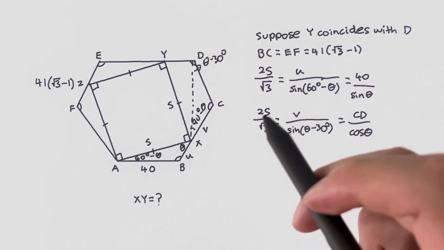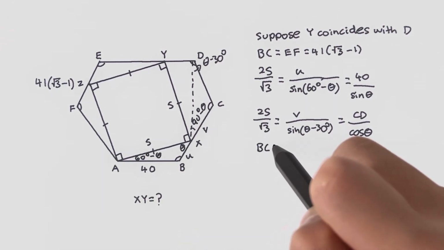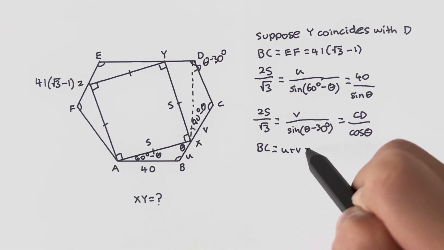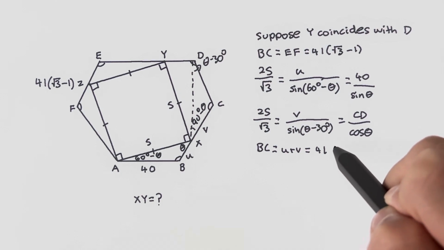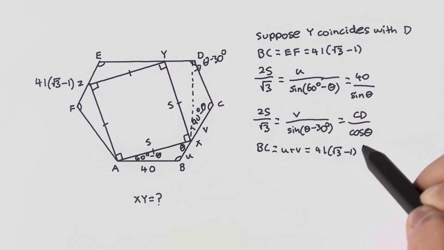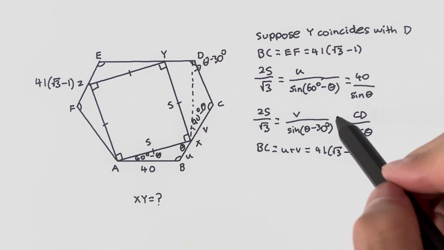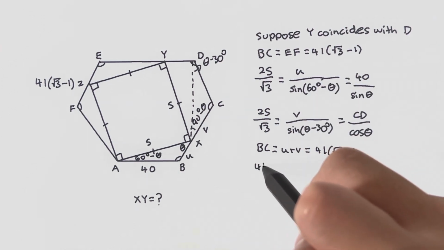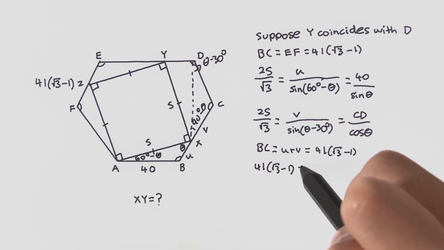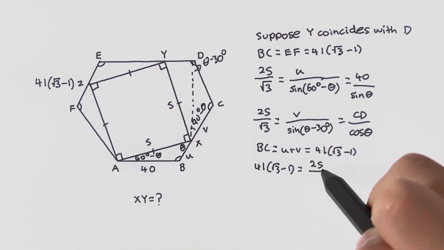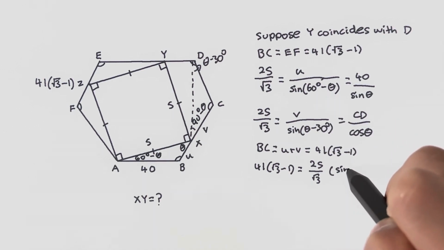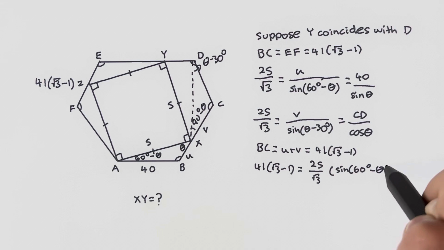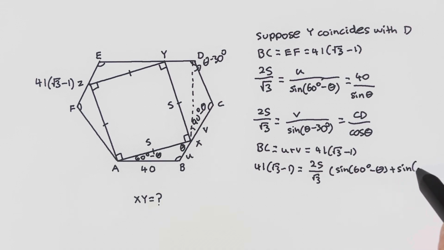Now, we know that BC would equal U plus V, which equals 41 times (square root 3 minus 1). From equations 1 and 2, these two equations here, we'll have 41 times (square root 3 minus 1) equals 2s divided by square root 3 times [sine of (60 degrees minus theta) plus sine of (theta minus 30 degrees)].